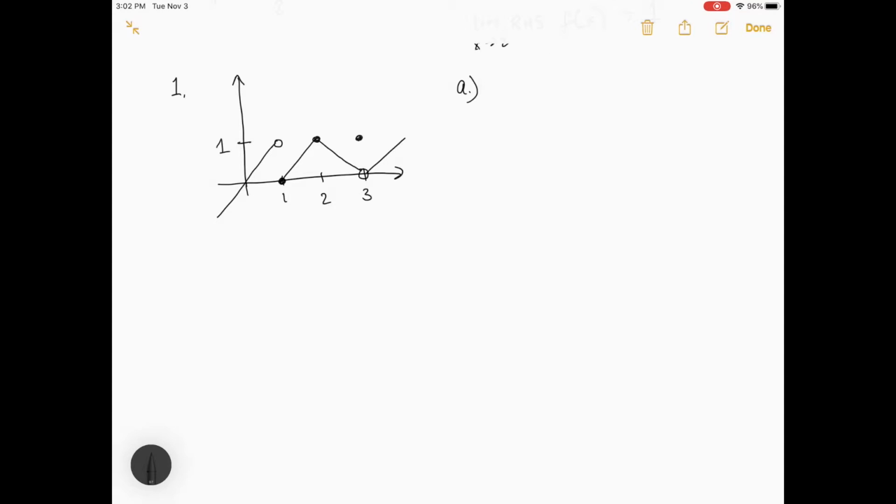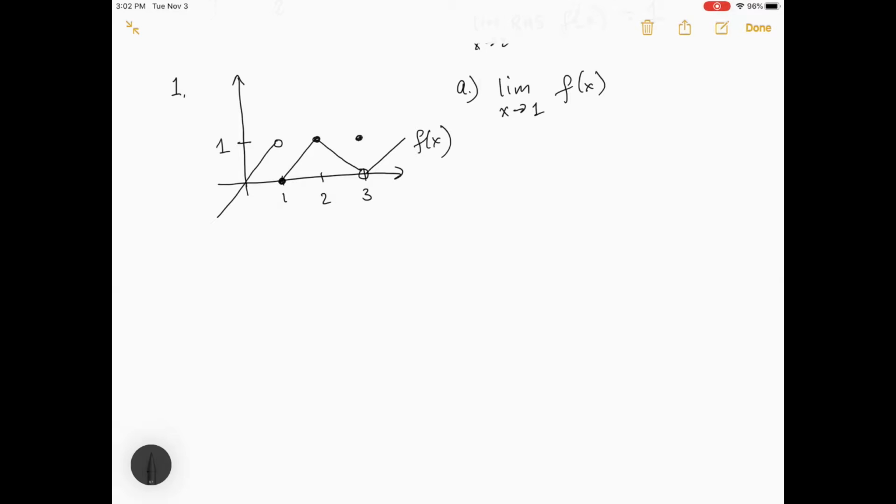To find the limit of our function f of x at a point x equal to 1, I would need to consider the right-hand side limit and the left-hand side limit.